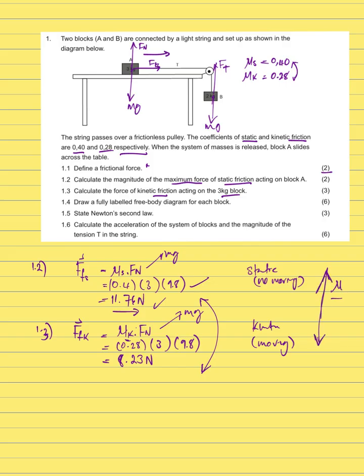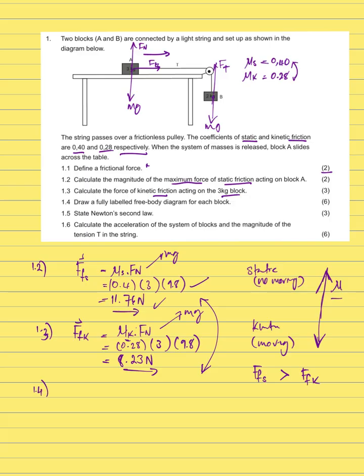So if the mu increases, then it's not going to move. So don't forget that the frictional force for static must always be greater than the frictional force for kinetic. And if your answers don't look like that, then you've done something wrong.